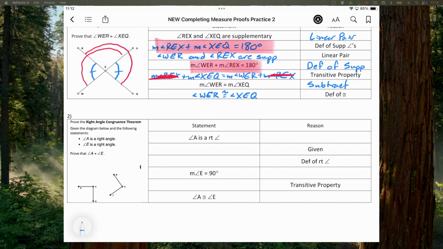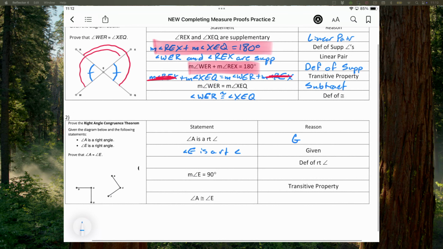Angle A is a right angle because that was given. Angle E is a right angle. That was also given. So the measure of angle A is equal to 90 degrees. Definition of right angle. Measure of angle E is equal to 90 degrees. Definition of right angle.